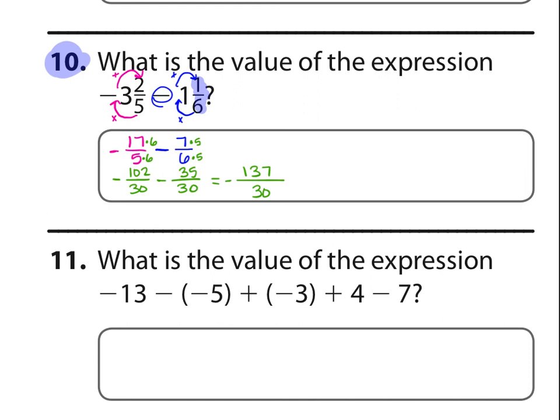And it's an improper fraction, so let's go over and make this into a mixed number. 30 will go into 137 4 times. We get a remainder of 17, so it's 4 and 17/30. So that is equal to negative 4 and 17/30, which won't reduce any further, and we have finished this problem.